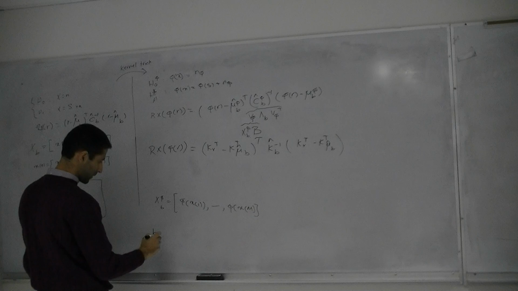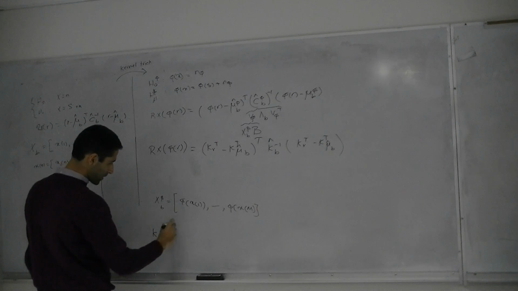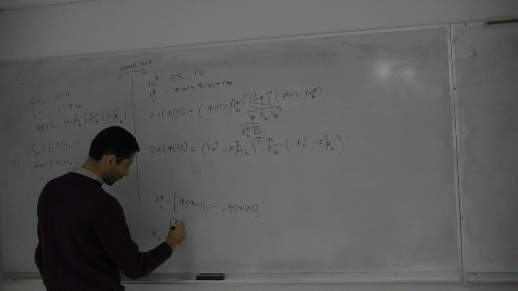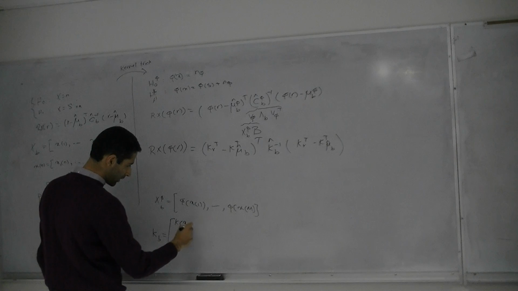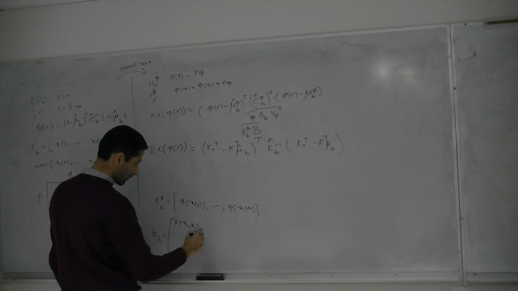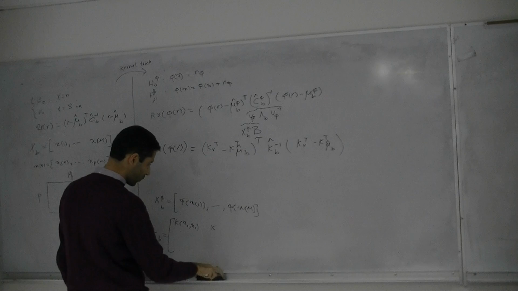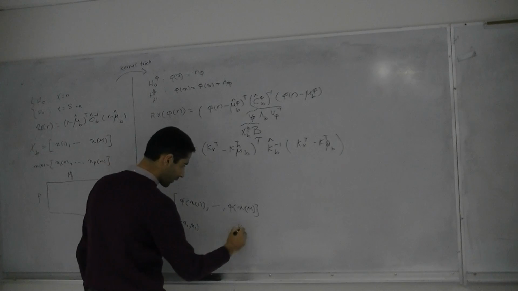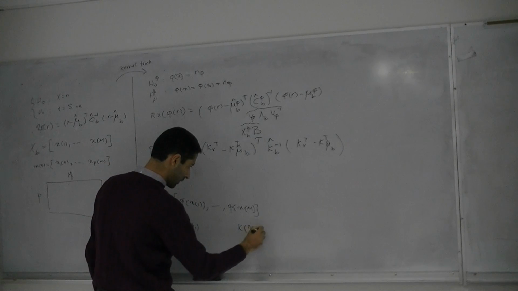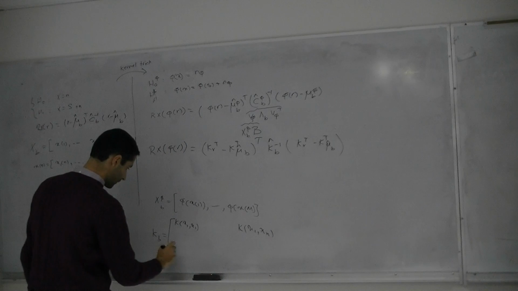If you remember, this big K was equal to kernel of, for example, x1 to kernel of x1 xn.